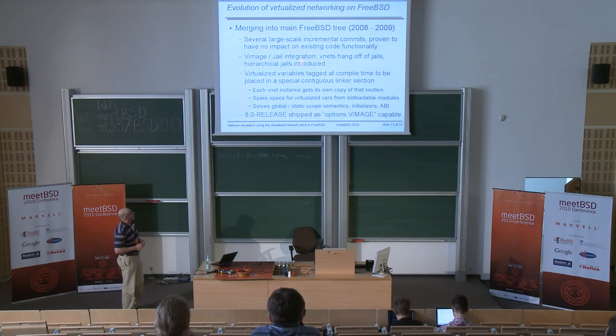Jamie Gritton implemented a new jail management interface, so now the network stacks hang off from jails, and jails can be arranged in a hierarchical manner. So we can have one level of jails that has several children and so on.